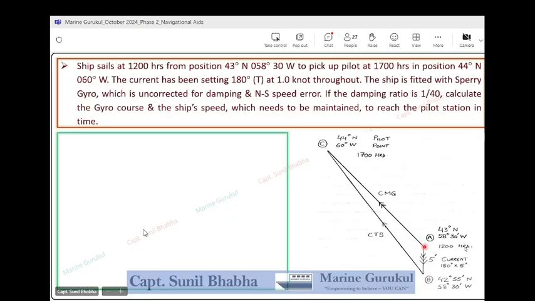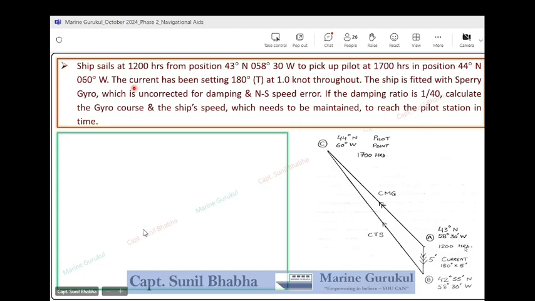Now if you join position A to position C, Alpha to Charlie, this will give you the course to be made good. So this is the course which the ship needs to make good to reach the pilot station in time.